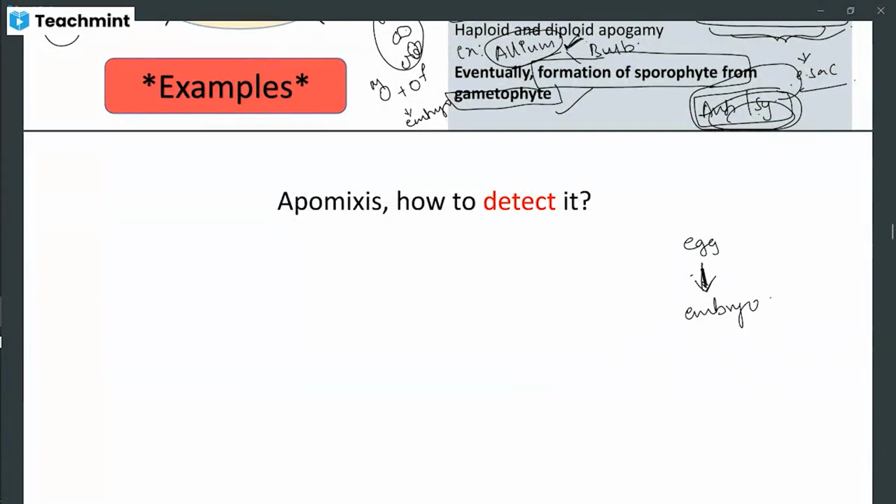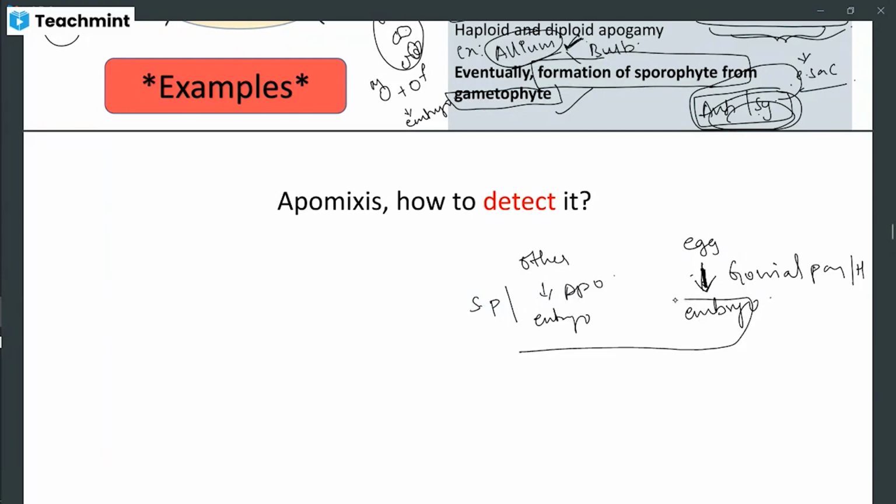Gonial parthenogenesis, or haploid parthenogenesis. And if other than the egg cell gives rise to an embryo, what do you call this? Somatic parthenogenesis, or apogamy. See, in both the conditions, the embryo was found to be diploid. Is it possible?